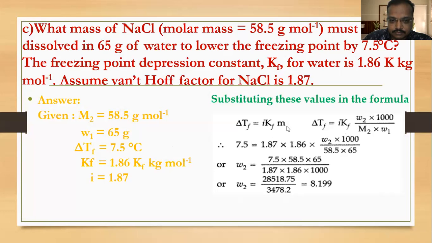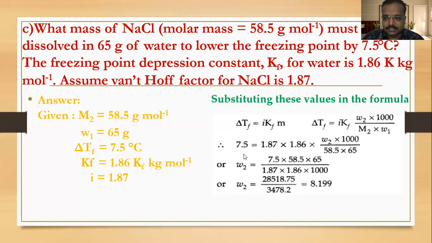No, sir. Okay. Substituting the values in the formula: delta Tf is equal to i into Kf into W2 into 1000 upon M2 into W1. Screen is visible to you, right? Delta Tf we have 7.5 degrees Celsius.